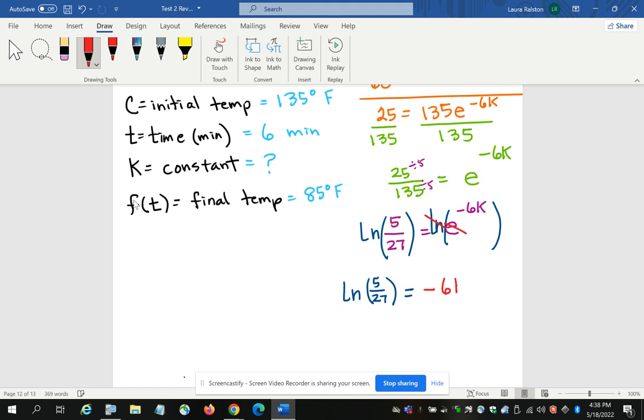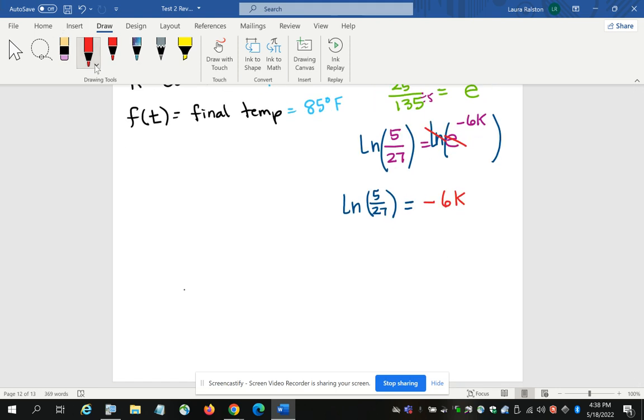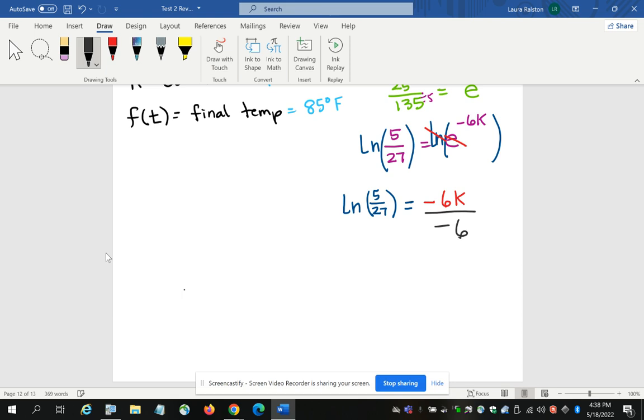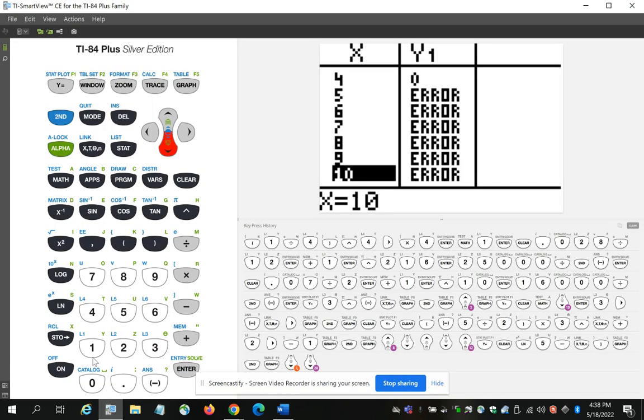So then we have negative 6k. And our goal, remember, is to solve for k. So I've managed to get it almost by itself. Then I have to divide both sides by negative 6. So k equals the natural log of 5/27 divided by negative 6. And I'm going to use my calculator to do those calculations.